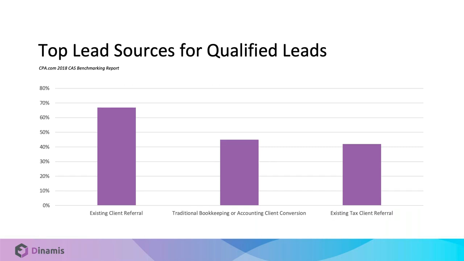Also an interesting slide, and again, it falls in the sales and marketing area. I mentioned to you that you should be talking with your existing clients about engagements for their write-up work.